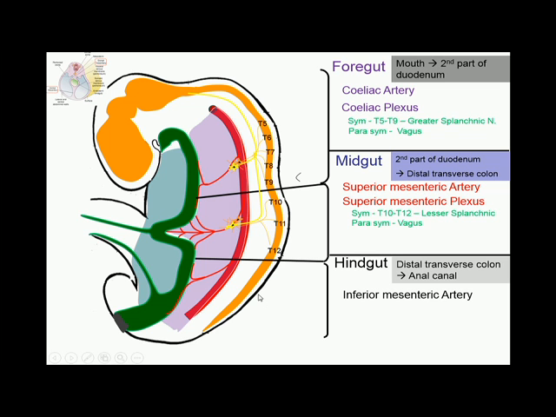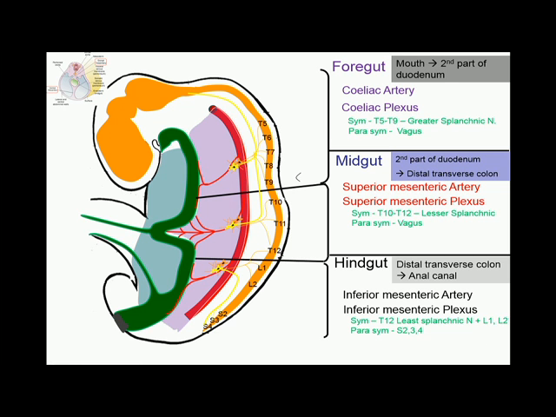Then the third part, the hindgut, is innervated by the inferior mesenteric plexus, and the sympathetics are coming from T12 to L2: T12, L1, L2. The T12 nerve is the least splanchnic nerve, and L1, L2 nerves are lumbar splanchnic nerves.